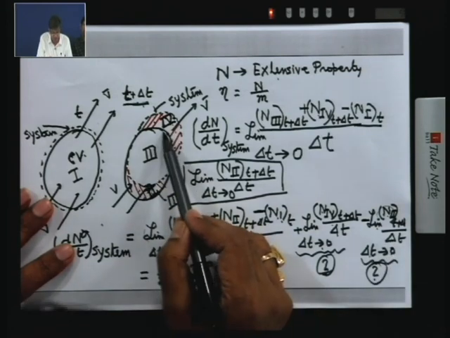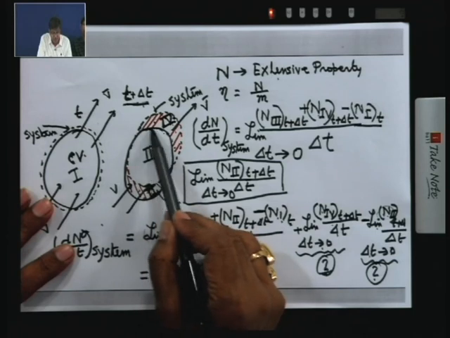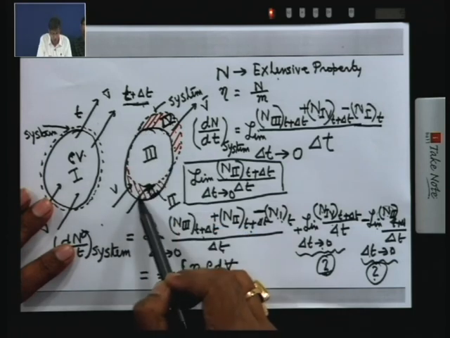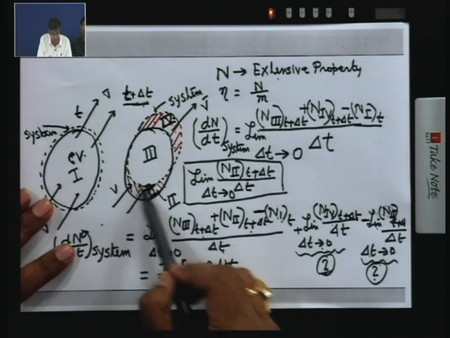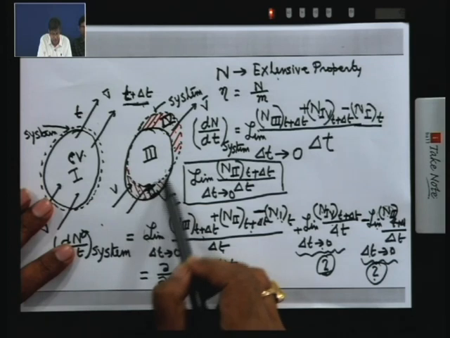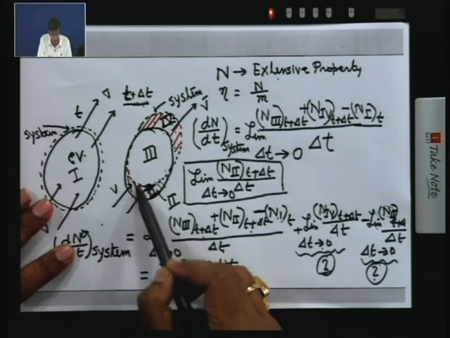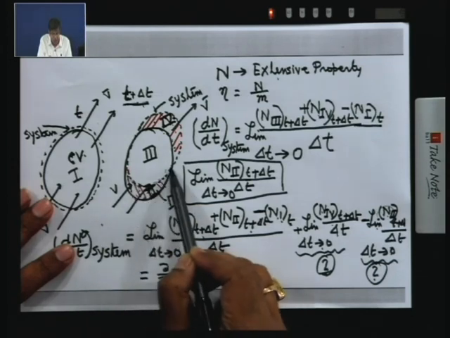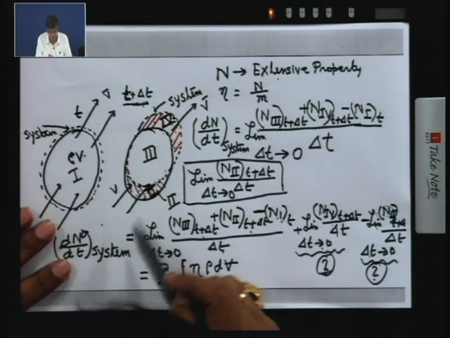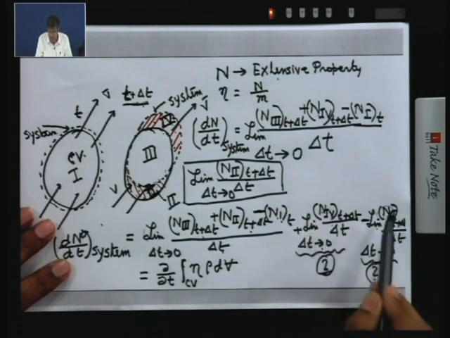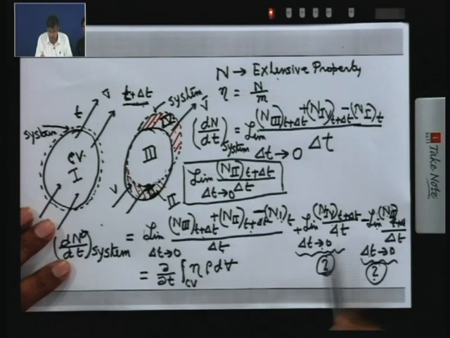When this volume collapses, it actually coincides with the surface of the control volume. This part of the system coincides with this part of the surface. So, you see that these two terms have some special significance.